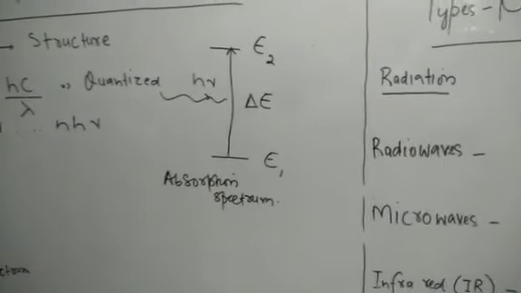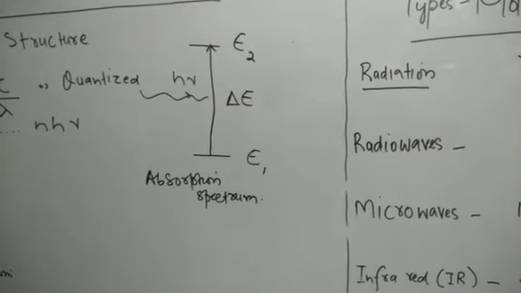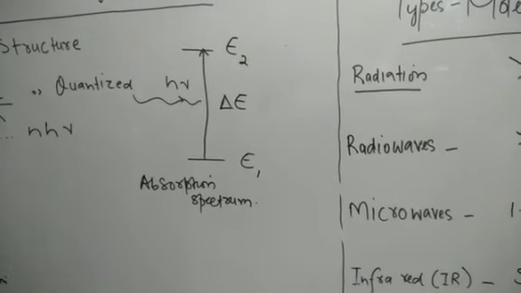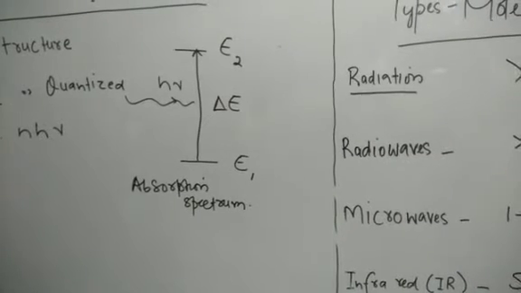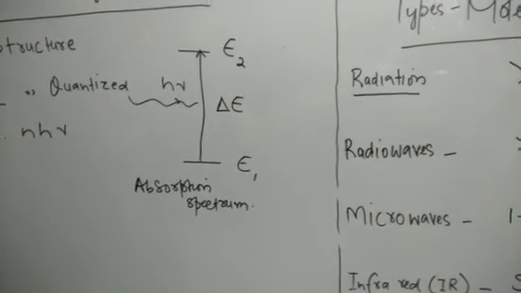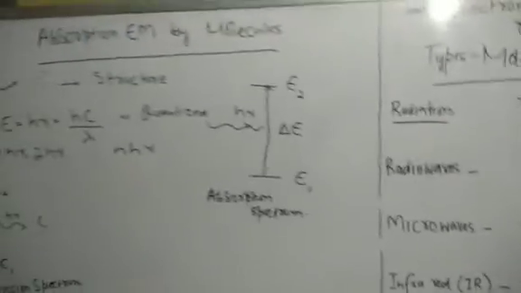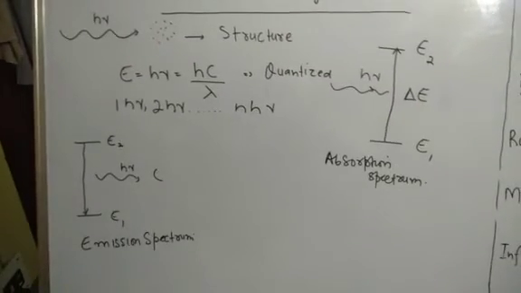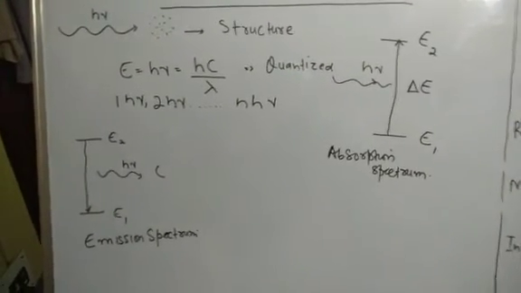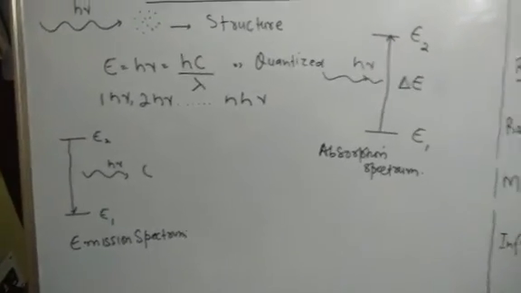In a nutshell, once we expose the molecule to radiation, it leads to absorption of the radiation, which alters the energy of the molecule and leads to the excitation of the molecule. And once the molecule is excited, it can come back, and that phenomenon is called the emission spectrum.